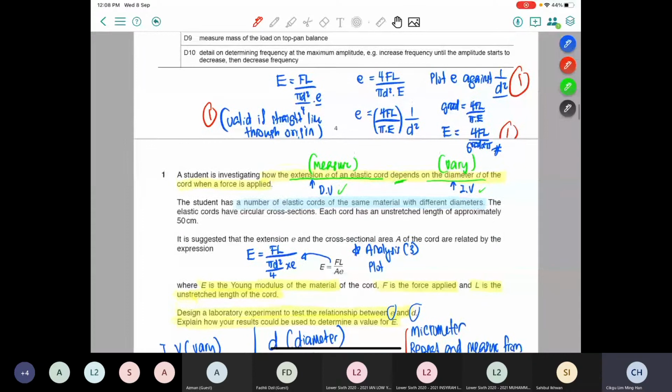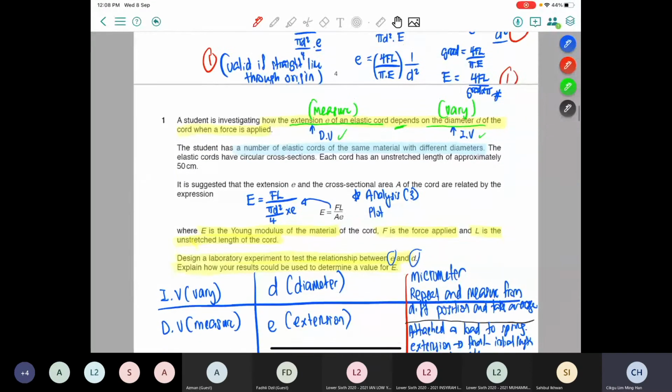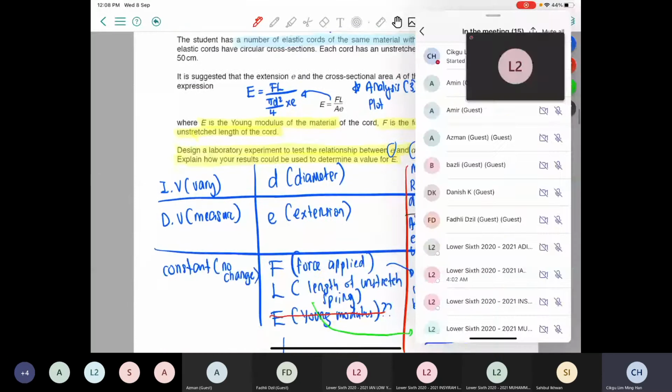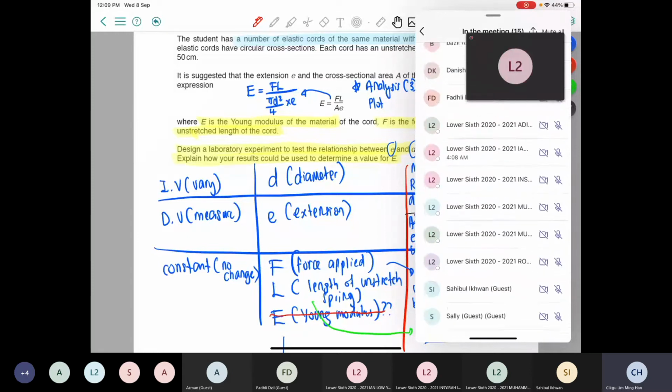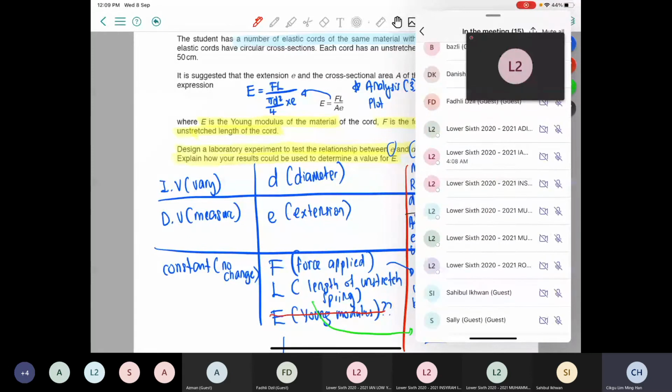Alright, anything you want to ask me before we go through question 2? Question 1 first. I'll just go through everybody here. Sally first. Anything particular you want to share with us for question number 1?